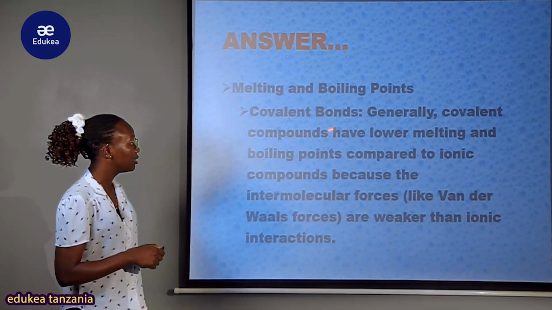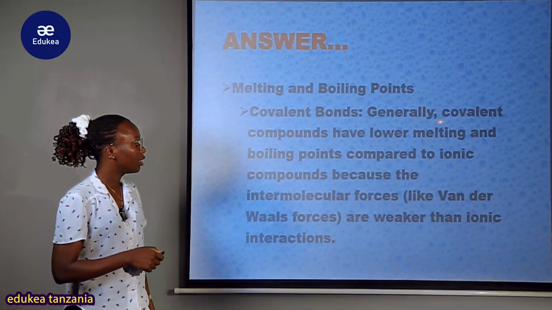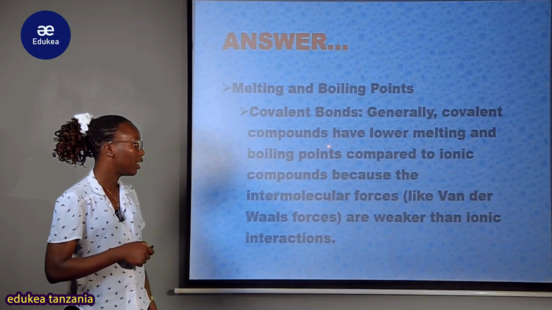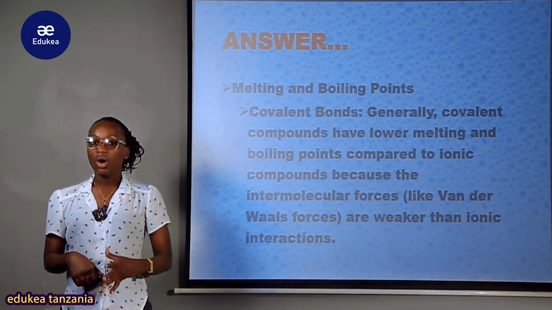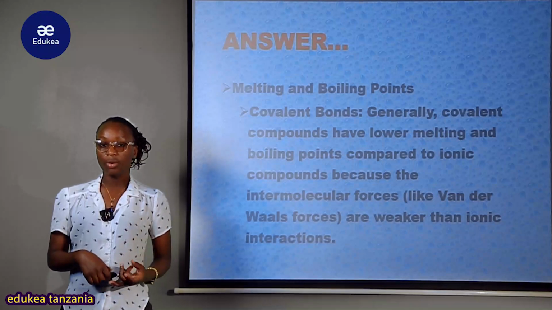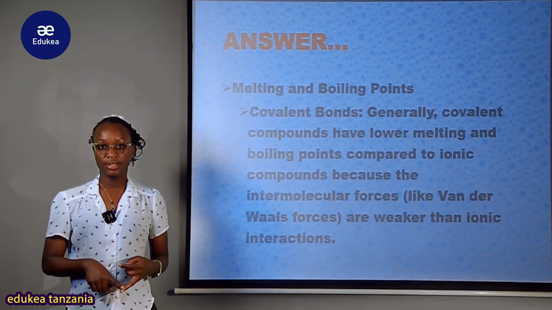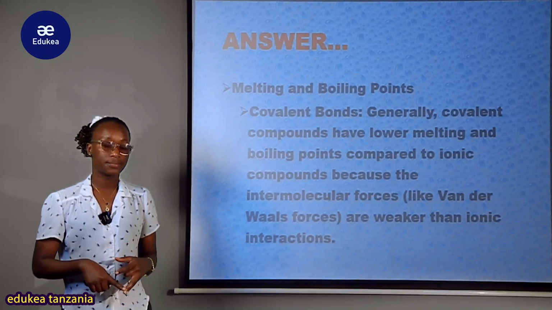Simply, let us start with the covalent bonds or covalent compound. In general, covalent compounds have lower melting and boiling points compared to ionic compound. Sasa always covalent compound huwa zinakuwa na low boiling and melting point ukicompare na zile ionic or electrovalent compounds.